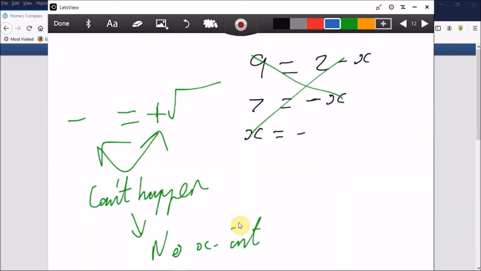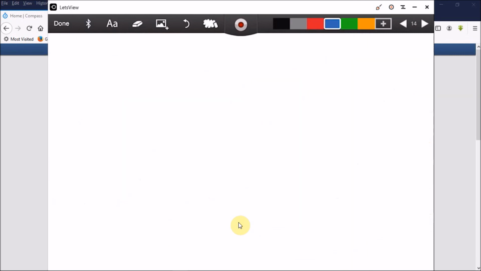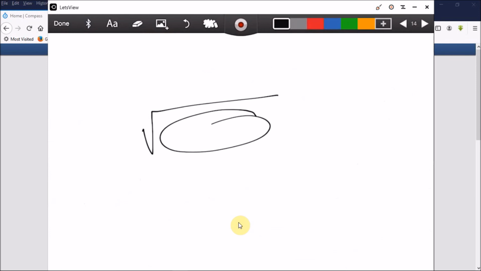So a key part is this bit under here. The key bit under here looks at the allowable x values.